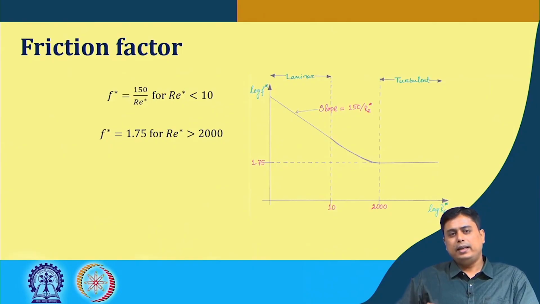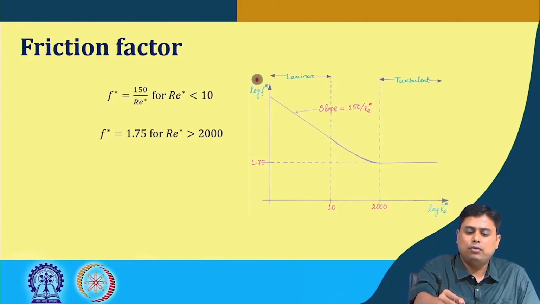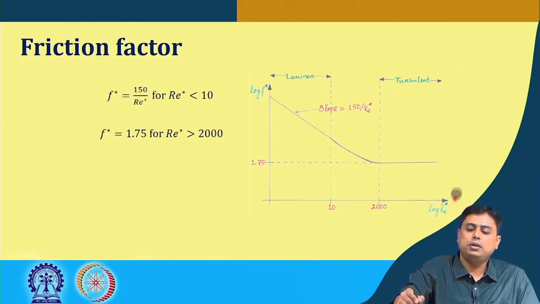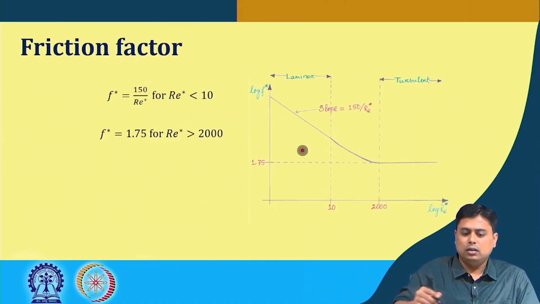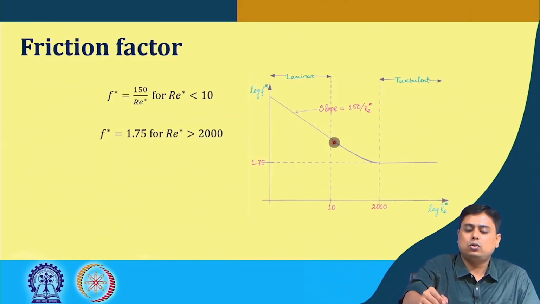And in case of turbulent, the friction factor value is a constant, which is 1.75. Eventually, this friction factor and the Rep in a log-log scale would look like this: it will have a slope of 150 by Re, and in the turbulent region it is a constant value.